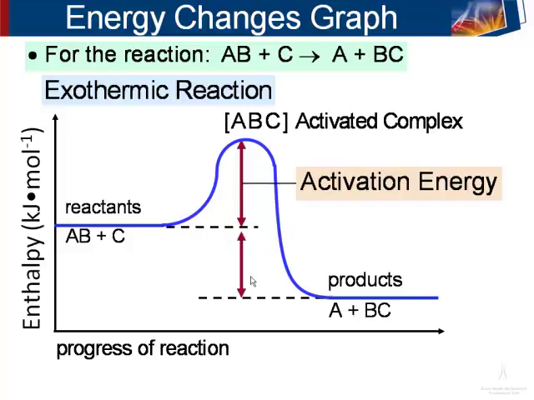And then, of course, the difference between the enthalpy of the products and that of the reactants is from there to here, and that is delta H. So for an exothermic reaction, a graph of enthalpy versus the progress of that reaction will look like this one. Now, a challenge for you would be to produce a graph of enthalpy versus the progress of the reaction, but for an endothermic reaction.